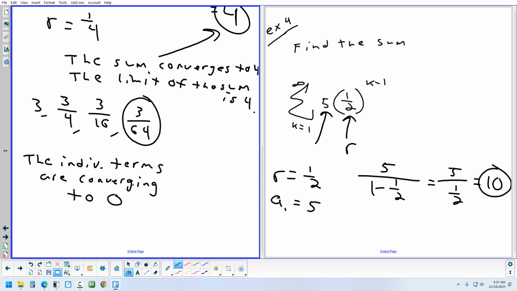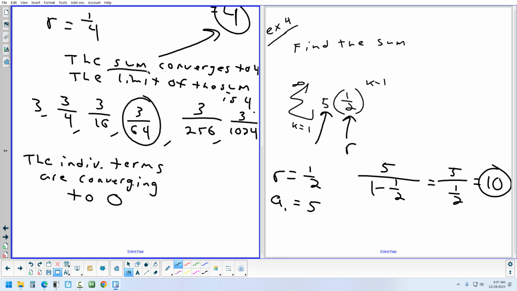The individual term itself is getting closer to 0, because the next one would be 3 over 256, and then the next one would be 3 over 1024. So the individual terms are converging to 0.